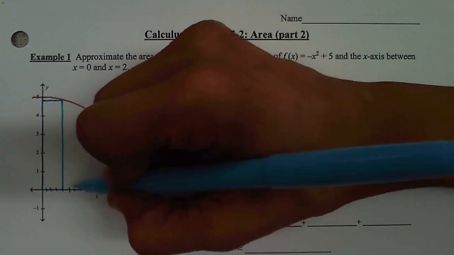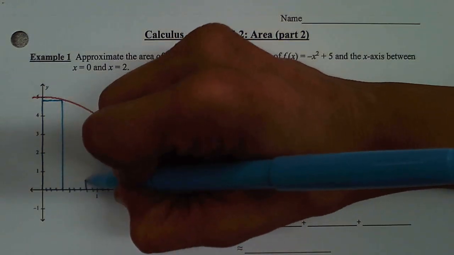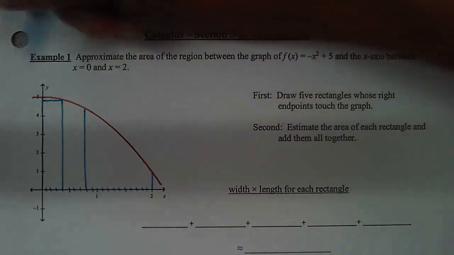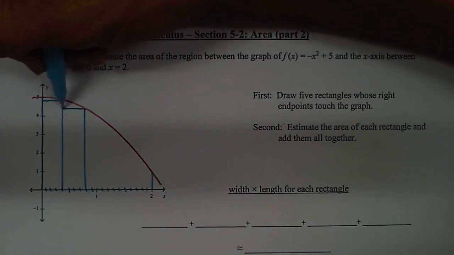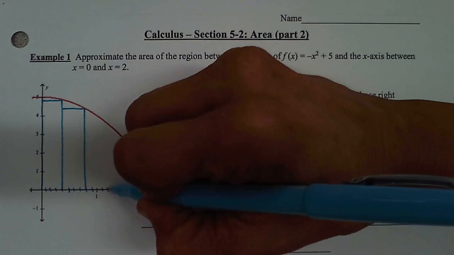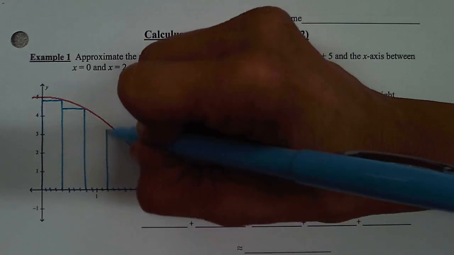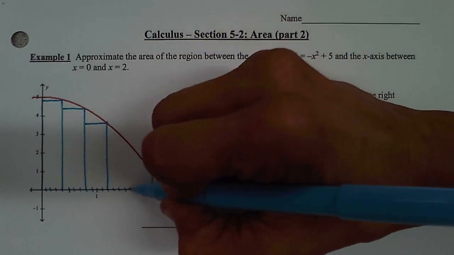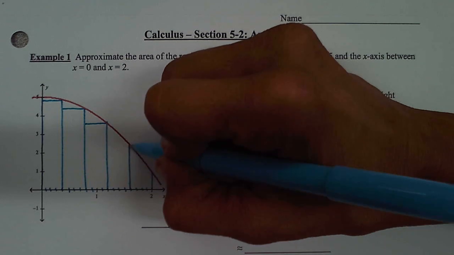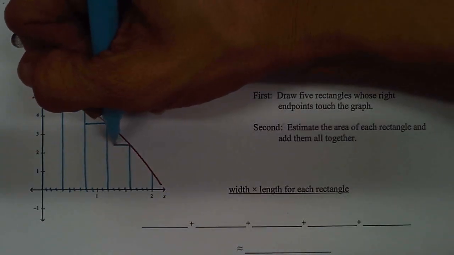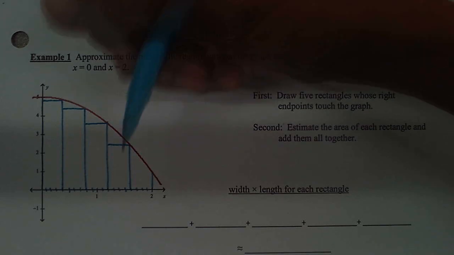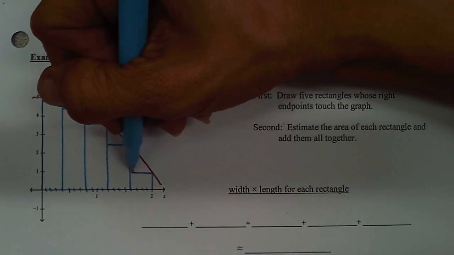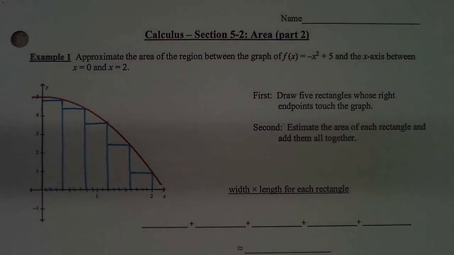Then do it again, 4 more tick marks over to make your second rectangle, straight up to the curve, and then over to create your rectangle. 4 more tick marks or another 2/5, straight up to touch it, and then over. Another 2/5, straight up and over. And this last one, I already have a line drawn here at 2, so I'm just going to go ahead and draw it over. So I've got 5 different rectangles here, and it says that we're going to estimate the area of each one of these rectangles and add them together.